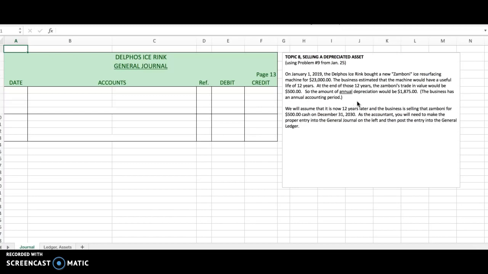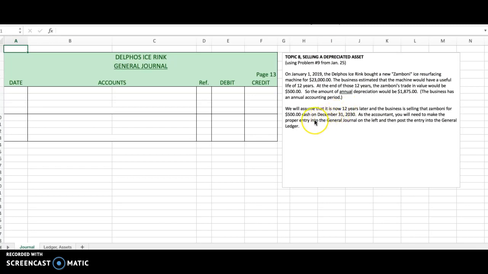So the amount of annual depreciation we calculated on the problem you had recently, at least you should have calculated, is $1,875. So our ice rink uses an annual accounting period. Now, let's go into the future.